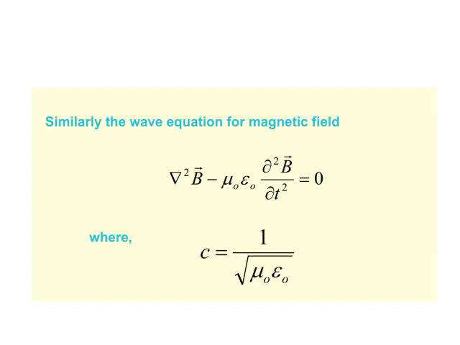You have del squared E or del squared H on the left side, and the right side is mu naught epsilon naught dou squared E by dou t squared or dou squared B by dou t squared, so that is equal to 0. Those are the steps involved to find the electric or magnetic wave equations.